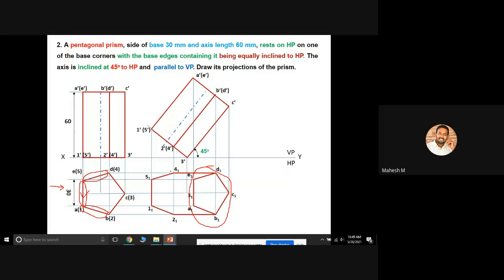So you can draw this 5 to 4 line with a thick line and 5 to 1 line with a thick line and 1 to 2 line with a thick line. But this 2 to 3 and 3 to 4 is not visible from left to right. So you have to draw a dotted line for 2 to 3 and also a dotted line for 3 to 4.